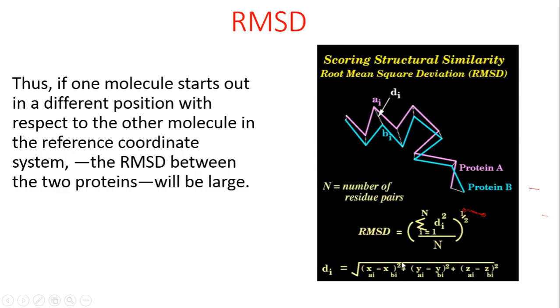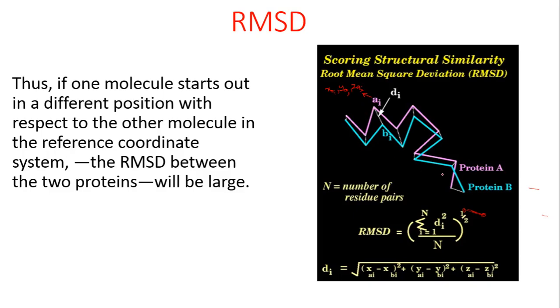So how do we calculate the distance? Say, for example, we know that atom A and atom B are analogous to each other at position I in protein A and protein B. Since these proteins are described in terms of Cartesian coordinates, we already have the coordinates of atom AI in protein A: the x coordinate of atom AI, the y coordinate of atom AI, and the z coordinate of atom AI.